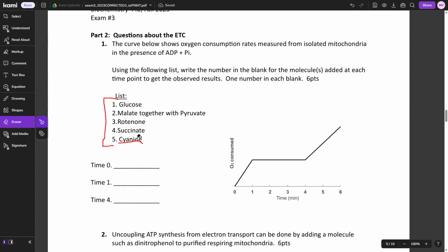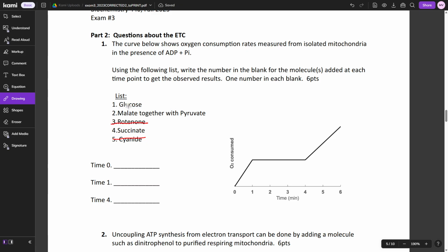So if I know that cyanide's an inhibitor, I'm not going to use O2 if I inhibit it. So this is gone. Succinate, I could see succinate being an answer. Rotenone's an inhibitor. And now I'm looking at these two. Which one can I eliminate off of this?